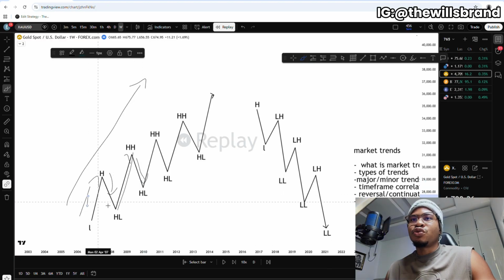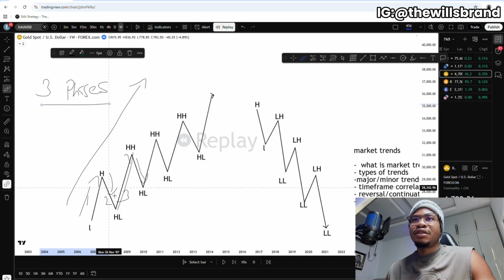So we have phase one, phase two, and phase three. All right, so we are going to define market movement into three phases. Now phase one is the push, phase two is the resting period where the market retraces.